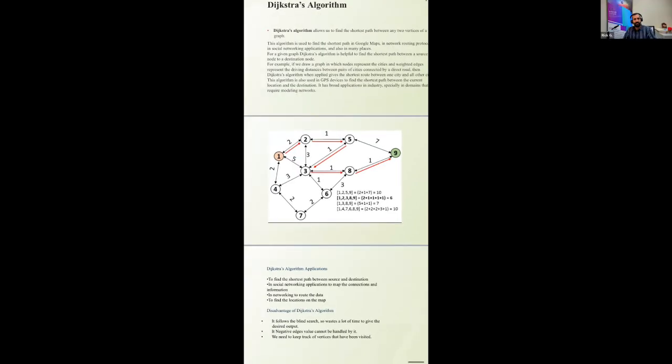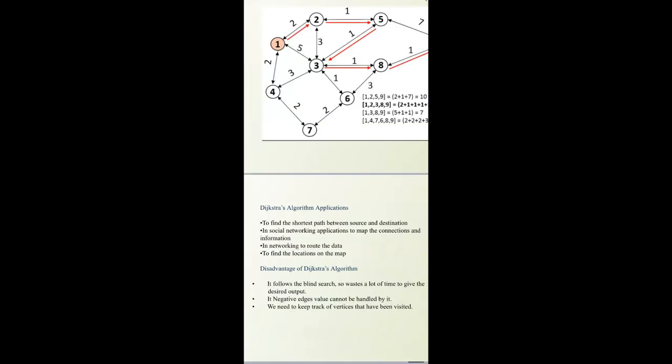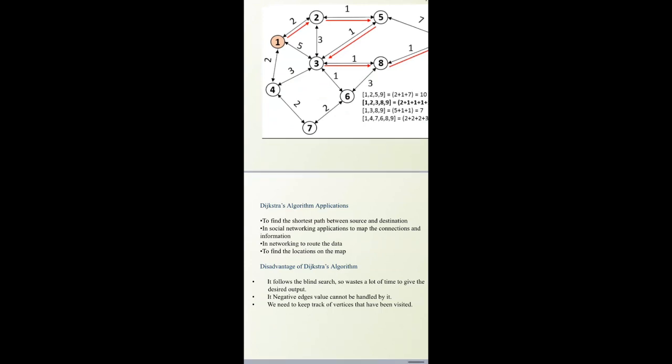Clear? Yes, very clear. Okay, good. So we will calculate every path, and the one which is shortest is given by the Dijkstra algorithm. Now we will see the applications and disadvantages of Dijkstra algorithm. The application is to find the shortest path between source and destination.